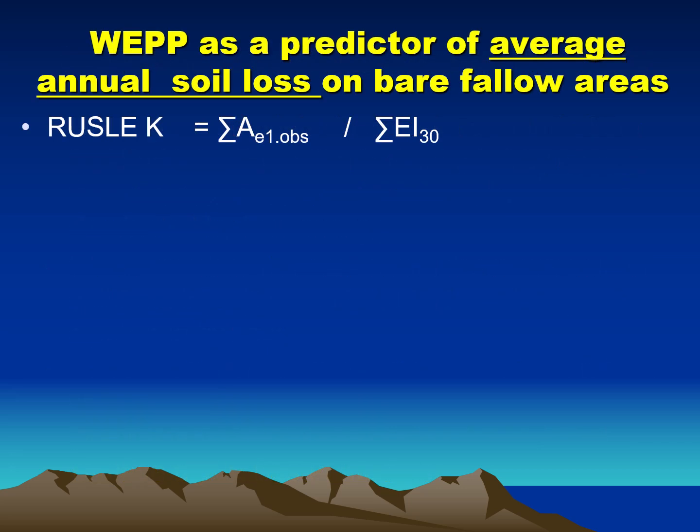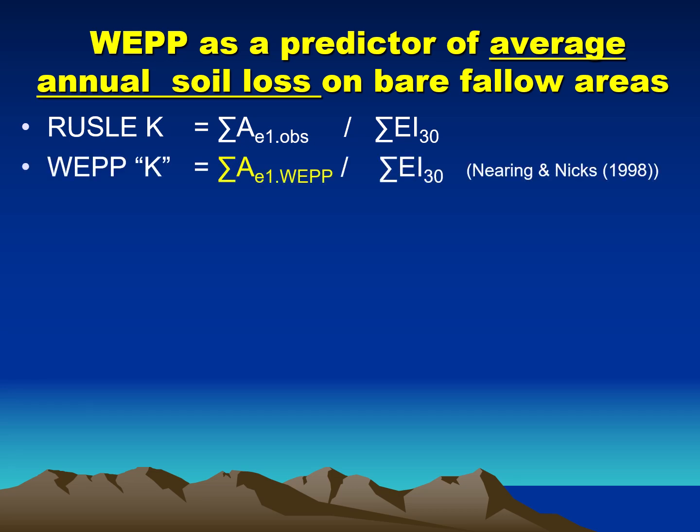Now, if we look at the RUSLE K, as we saw earlier, it's the total soil loss divided by the total EI30. You can actually predict the total soil loss by WEPP, and then use that as an alternative to the observed.